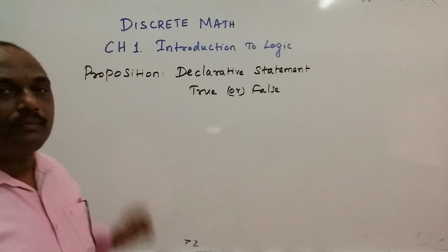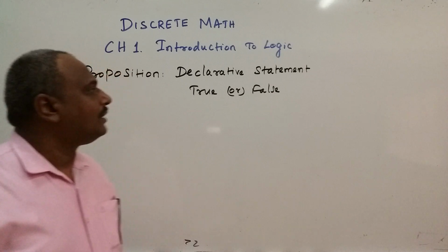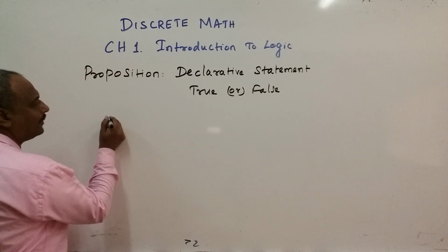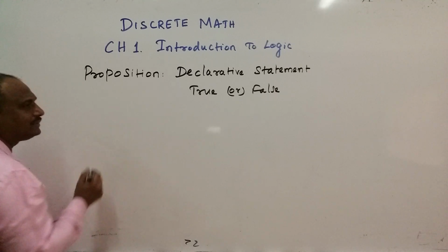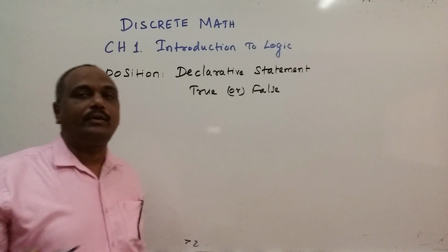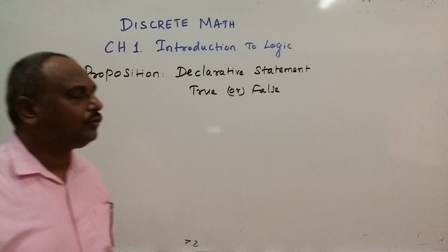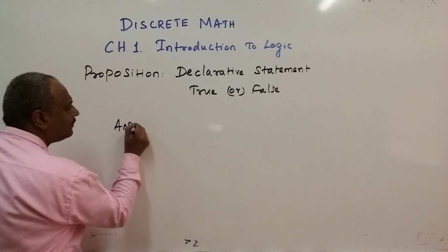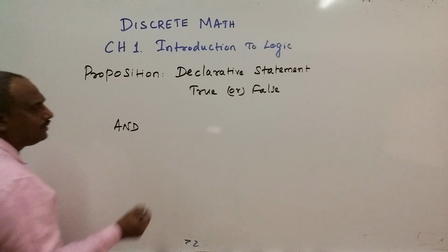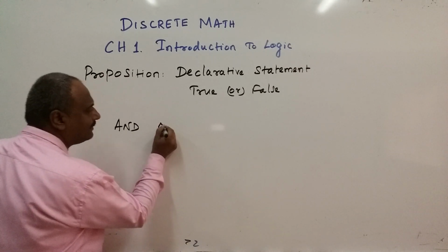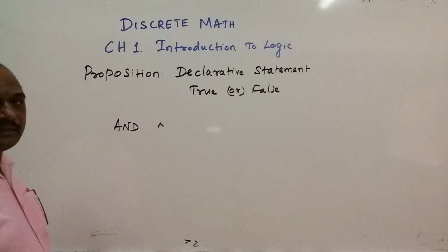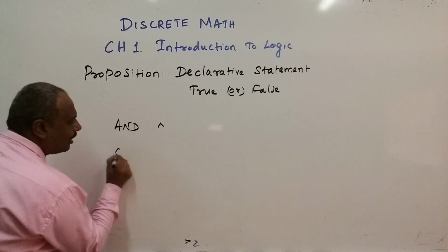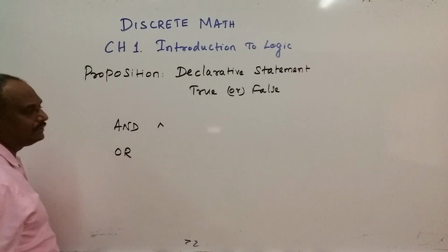This is called a proposition. And then we discussed some initial operators and the truth table. We gave you a sample of the truth table. We discussed the AND operator, which we write like this, cap. And we discussed the OR operator.